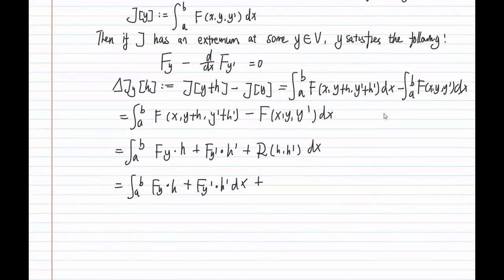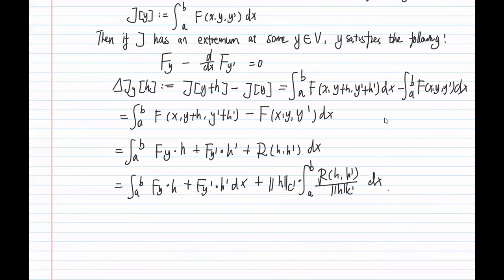And now plus, for this part, let's do a little bit of an estimation. So how do we estimate? Let's estimate it by the C1 norm of h. All right.